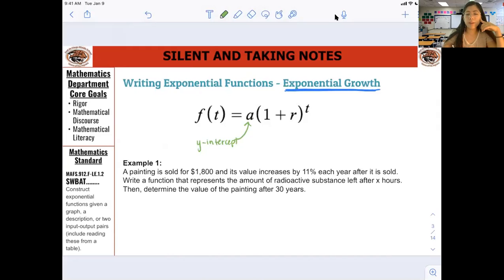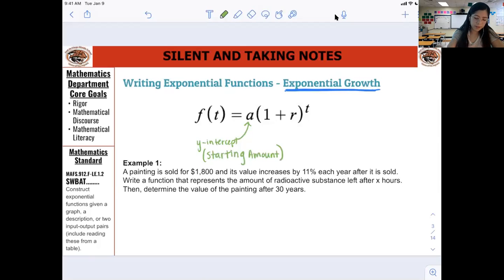So when you're reading a real world problem, how do you figure out which of those numbers is the y-intercept? The starting point? You got it. Good. The y-intercept is the starting point. And since in this chapter we're mostly talking about money or the amount of things, we're just going to write the starting amount. So A is still A, but now it has a meaning.